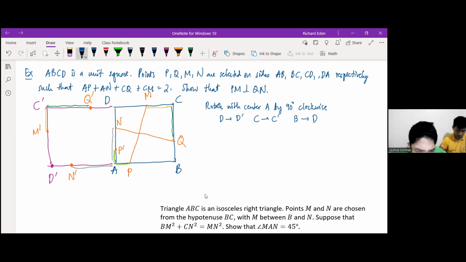As for AP and AN, maybe they correspond to Q prime D and P prime. But it's hard, because we cannot really require AP and Q prime D to be the same.